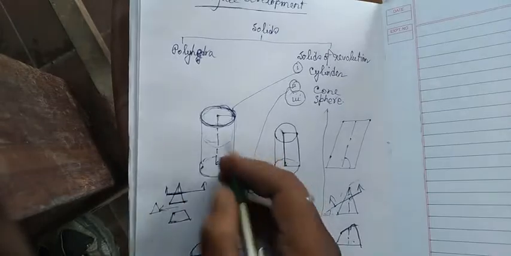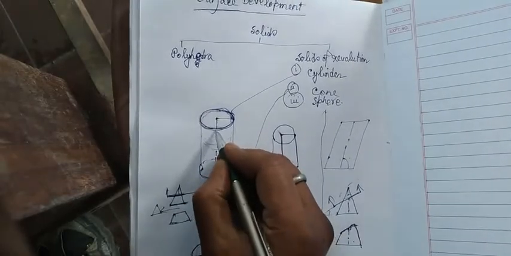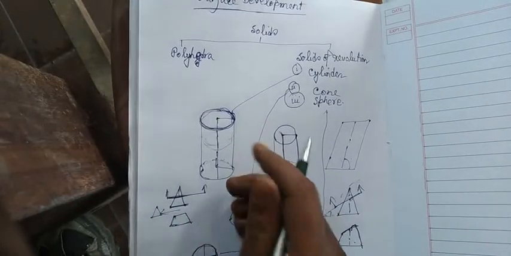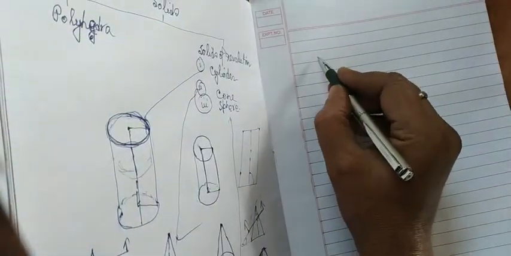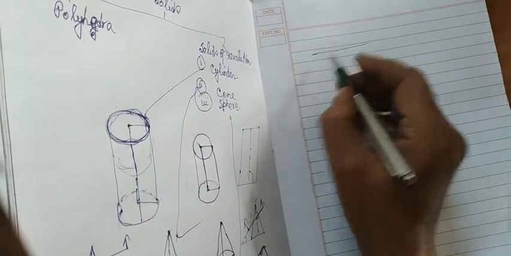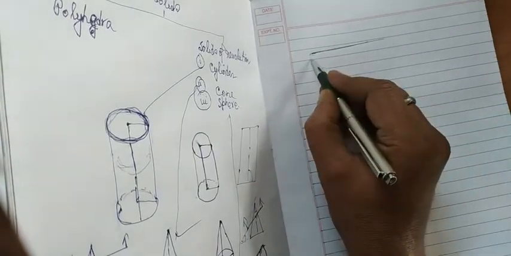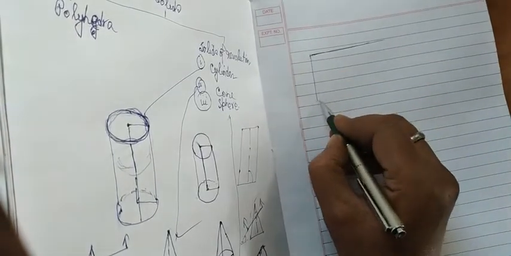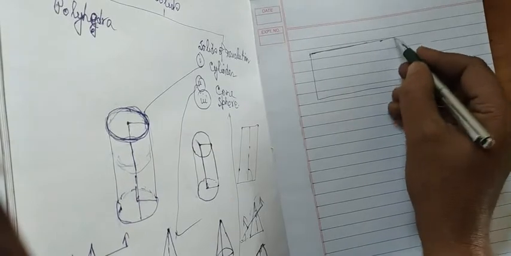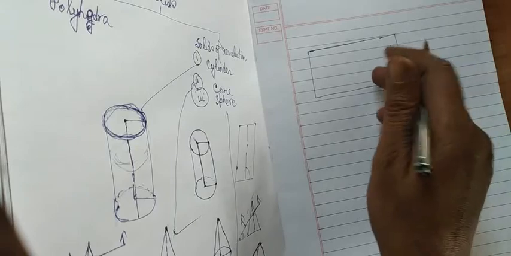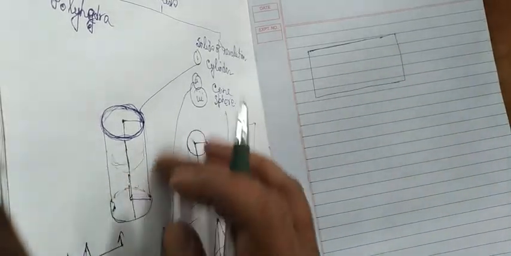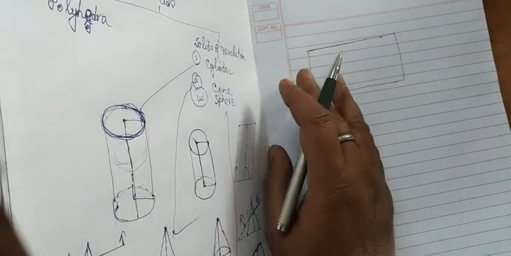Understand? Suppose we cut from here and take out the surface, then we can get a surface just like this. This is the circular portion of the cylinder.